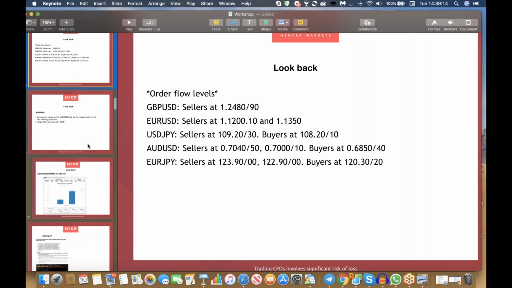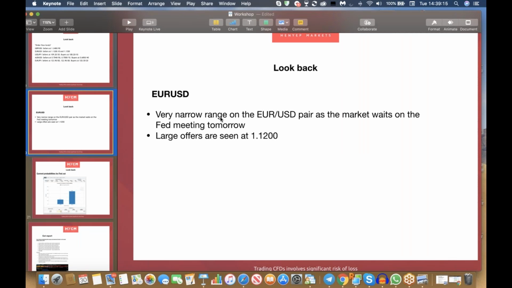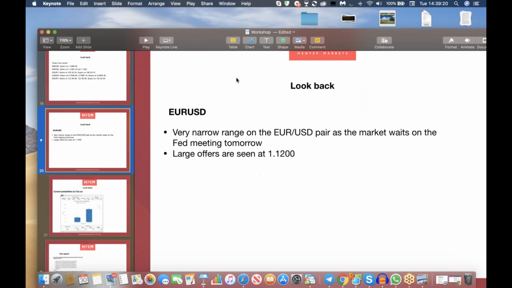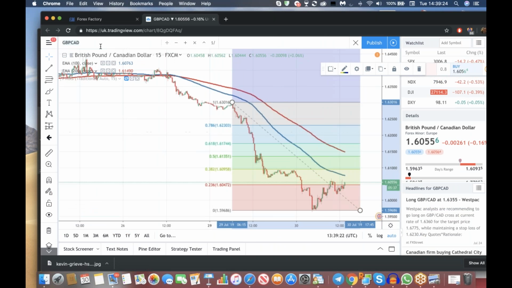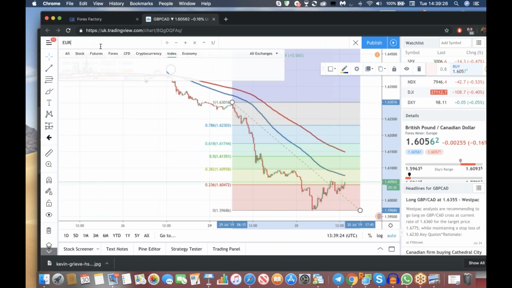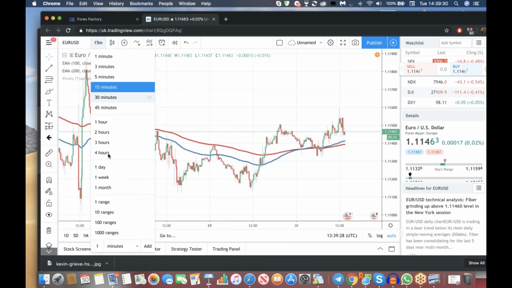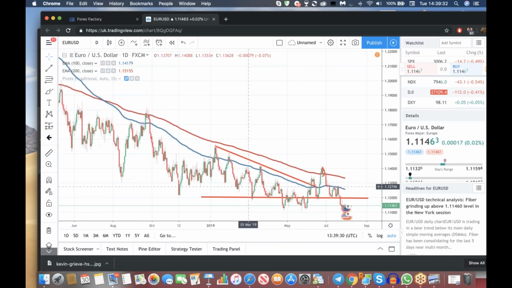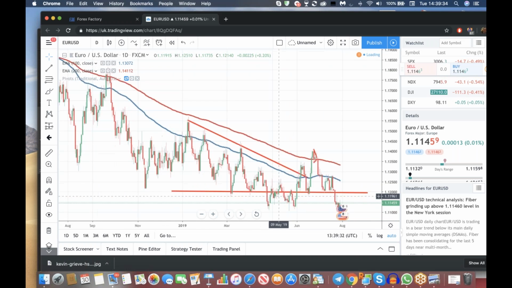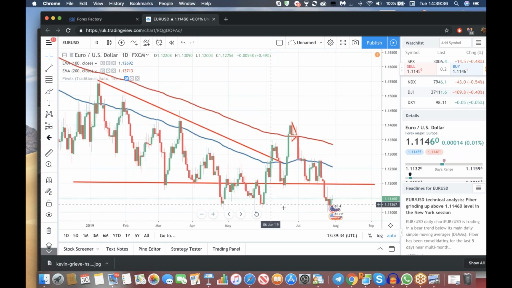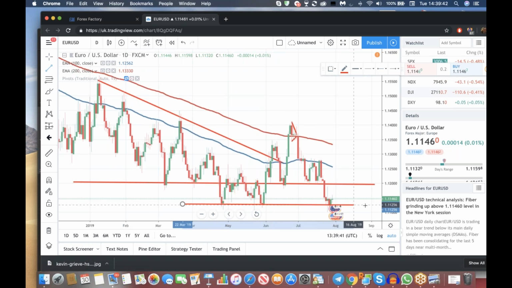Now, I'll show you. The euro-US dollar pair is in a very narrow range at the moment, and it's in this narrow range because of the Federal Reserve meeting tomorrow. If you look on the daily chart, you can see price is consolidating at this strong support level down here, 1.100.